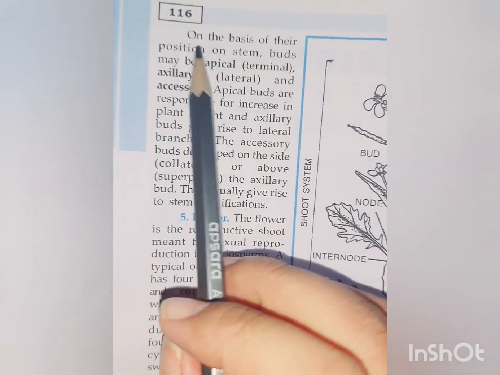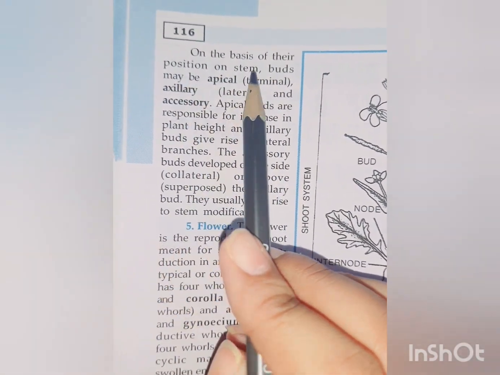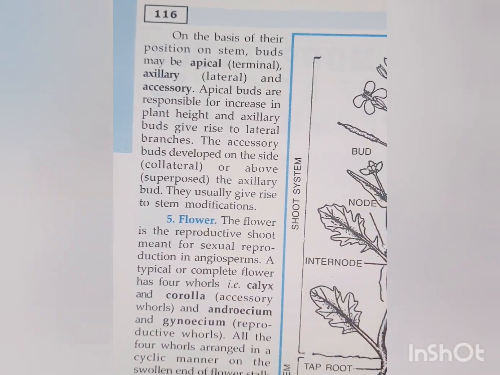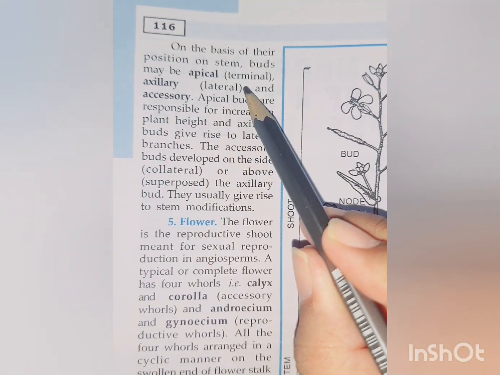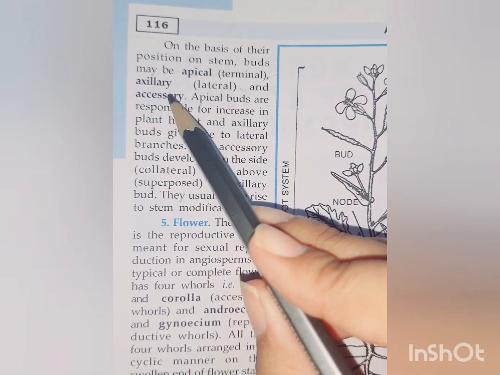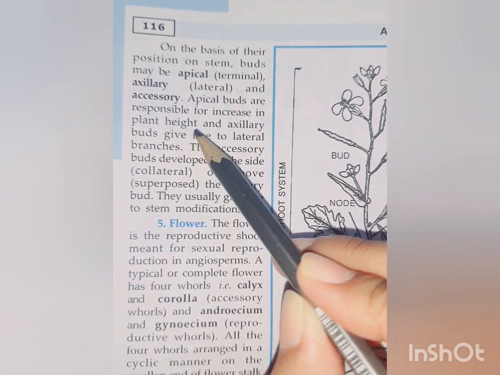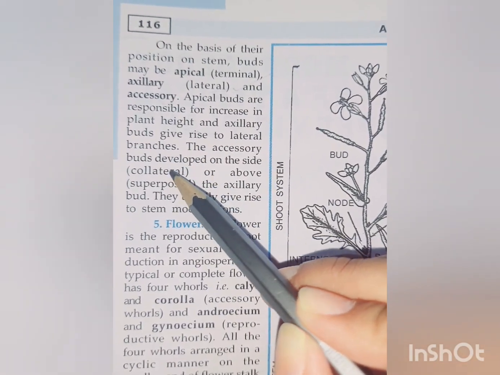On the basis of their position on the stem, buds may be apical, which is present in the terminal position. It may be axillary when it is present in the lateral position, and accessory. Apical buds are responsible for increase in plant height. Axillary bud gives rise to lateral branches.